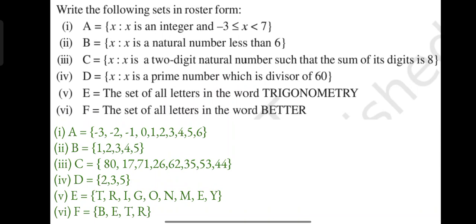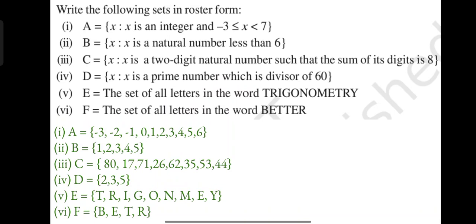Okay, and next came the set of all letters in the word trigonometry as well as better. Okay, when we are writing a set, we know that there should not be order as well as repetition. So the first two letters of the word trigonometry are T and R, and looking at the last 3 letters we can see T and R once again.